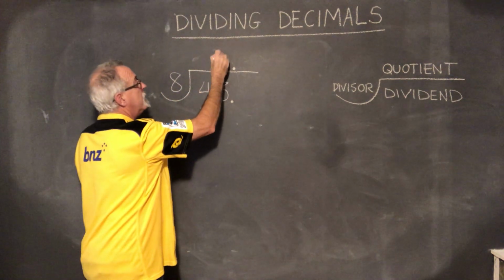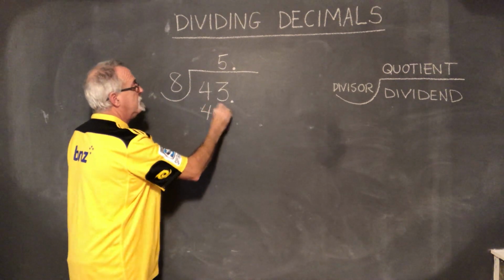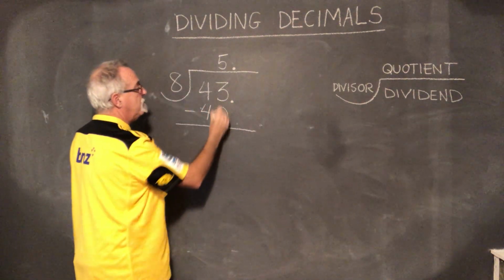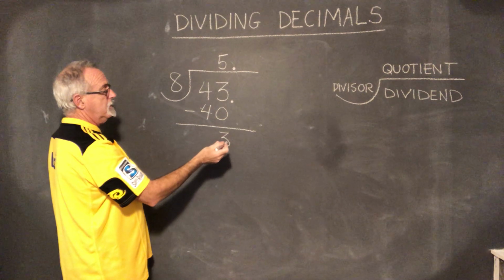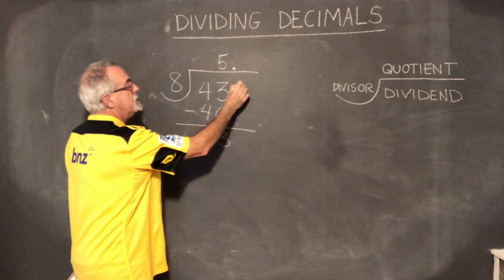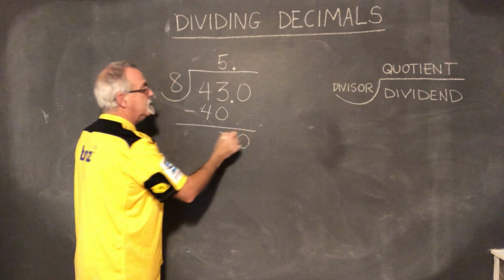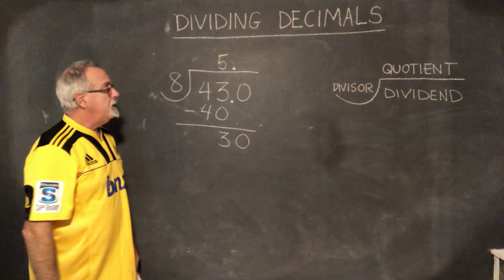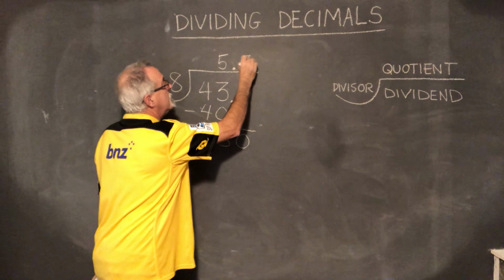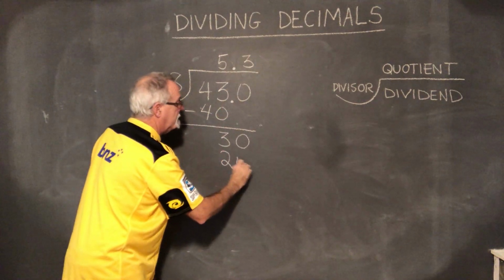8 times 5 is 40. I subtract. 3 minus 0 is 3. The 4's cancel. 8 doesn't fit into 3, but if I want, I can put a 0 here and I can carry it down because 8 does fit into 30. 8 times 3 is 24.